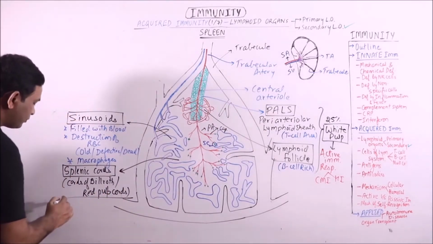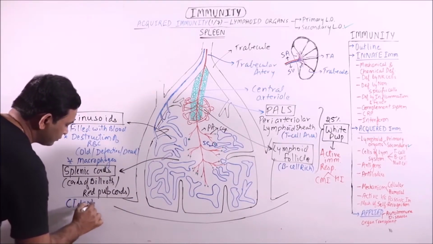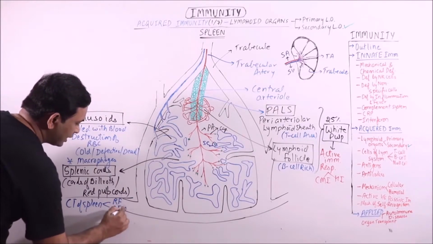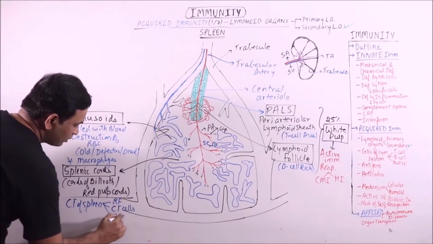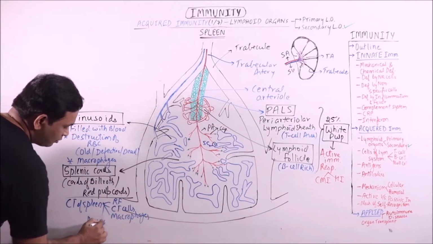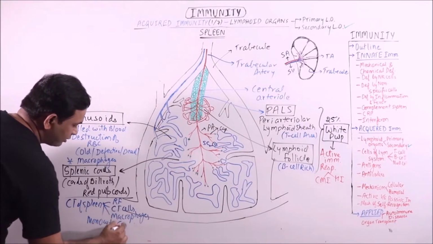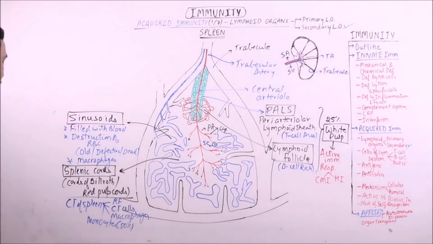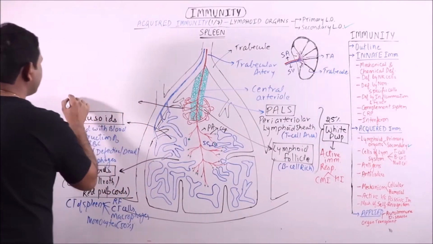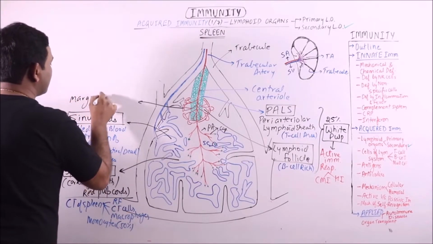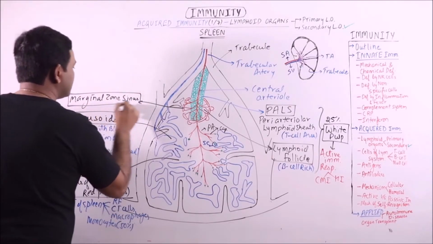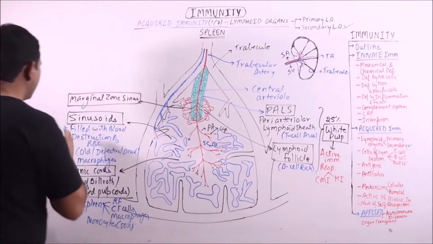These represent the connective tissue of the spleen, which has reticular fibers, connective tissue cells, macrophages and monocytes. It is the reservoir for more than 50% of the monocytes of the body. And these represent the marginal zone sinus, which separates the red pulp from the white pulp.